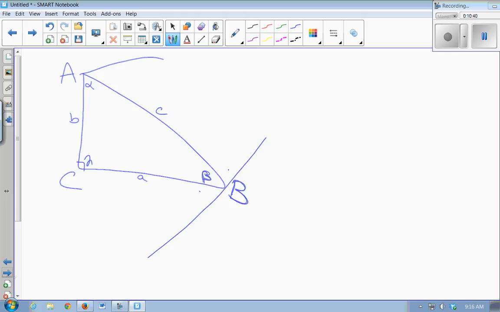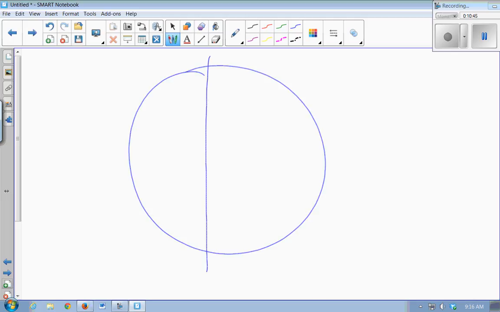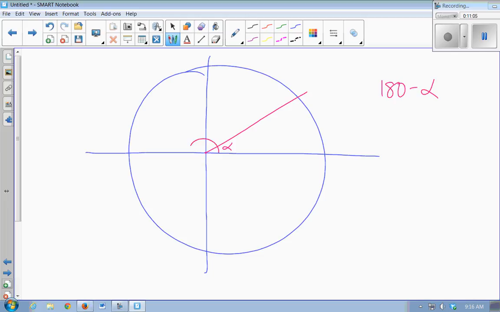Right. So in a unit circle, if I pick a random angle alpha, right? I just drew a random angle there, alpha. If I wanted to mark 180 minus alpha, I would say, okay, well, 180 is this whole distance here, but I have to go that whole distance and then subtract an angle that looks like alpha. So I would draw alpha over here.